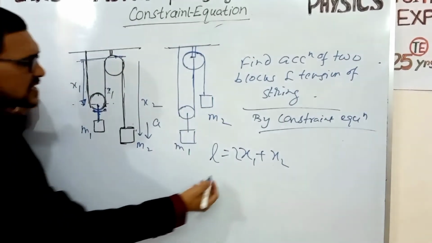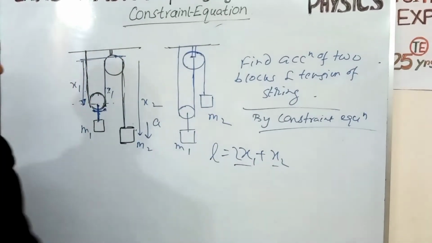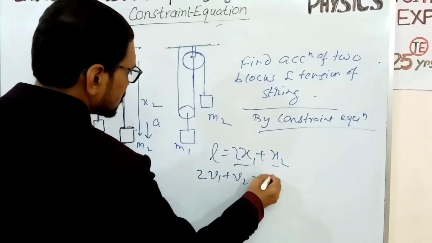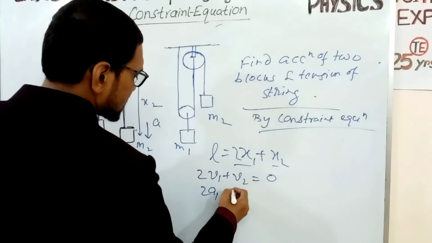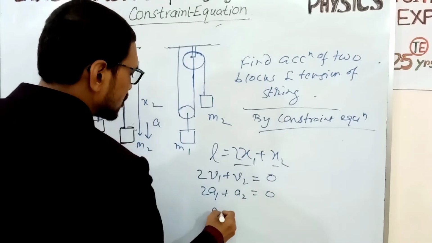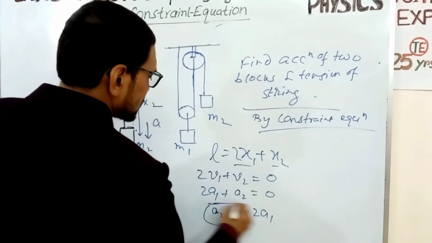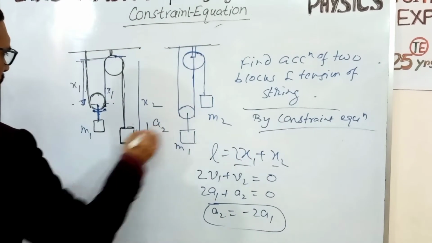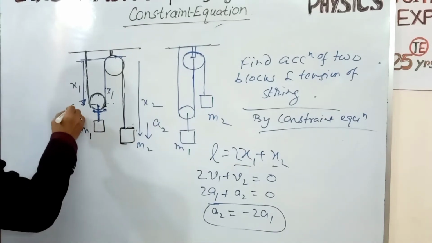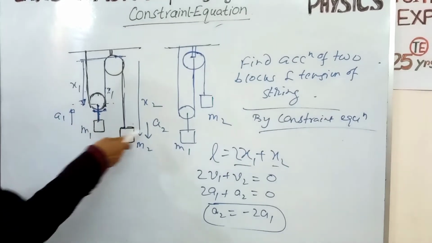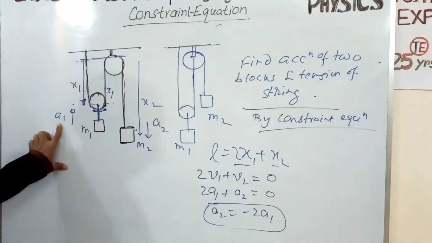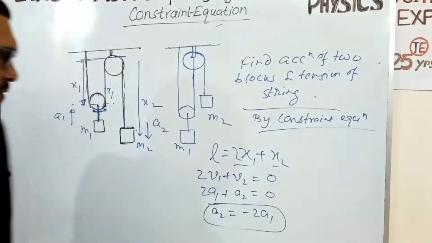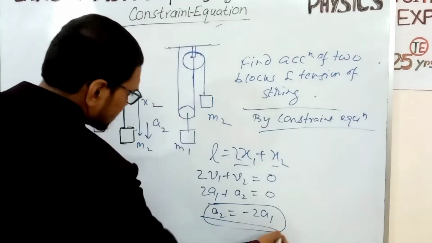So the total length of the string is 2x1 plus x2, this is L. Now if we differentiate once, we get zero, and if we differentiate once again, we get a2 equal to minus 2a1. That is, if the acceleration of this block is a2 and the acceleration of this block is a1, then a2 will be double of a1 and in the opposite direction, because of the minus sign. From the constraint equation we get this result.